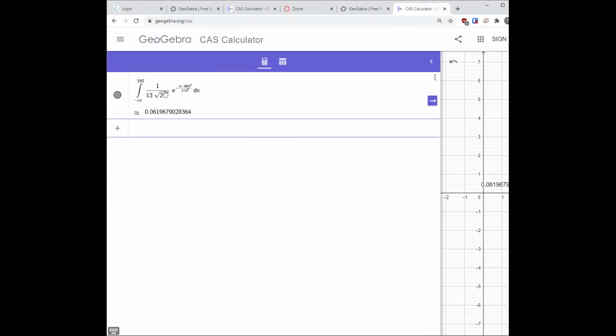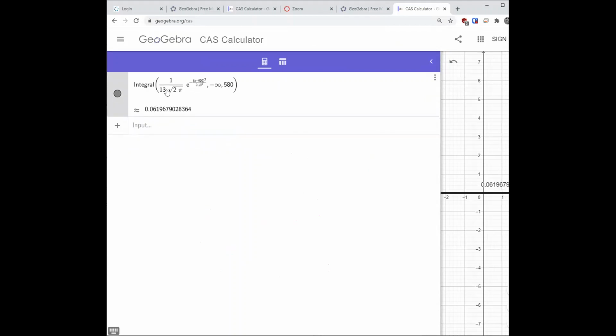I'm just going to write over it, because all this stuff is there that I want, except I want to integrate from negative infinity to 600. Now, if I do that, I'm going to get 0.5, by the way. But I want to adjust this 600 until it's less than 0.1, less than 10%.